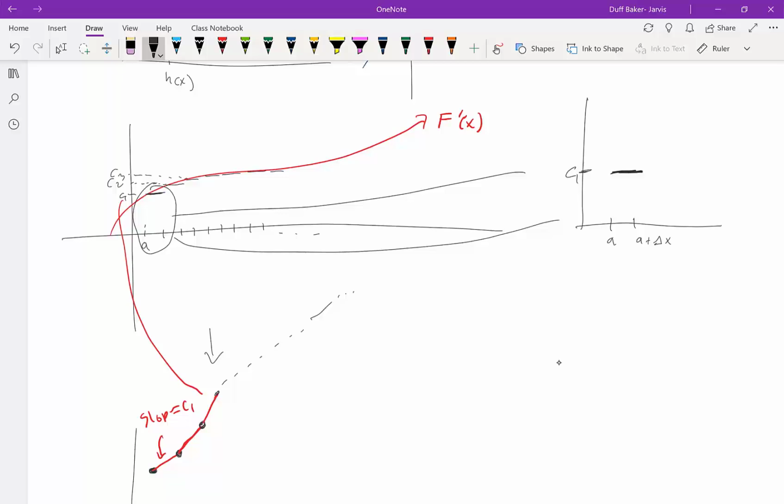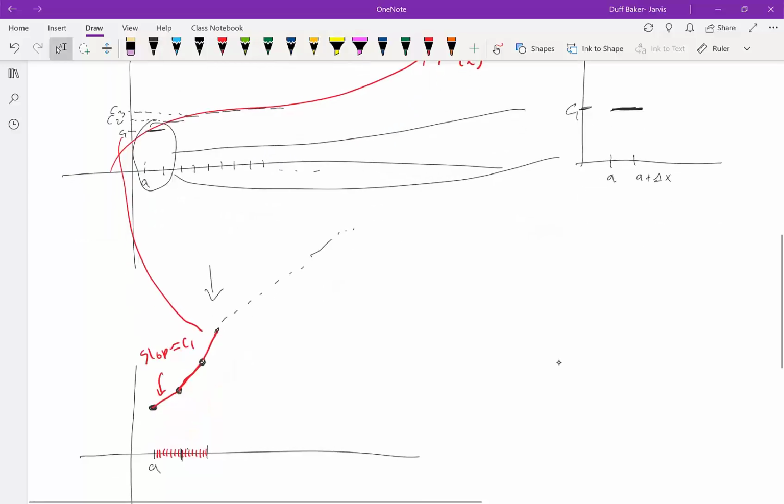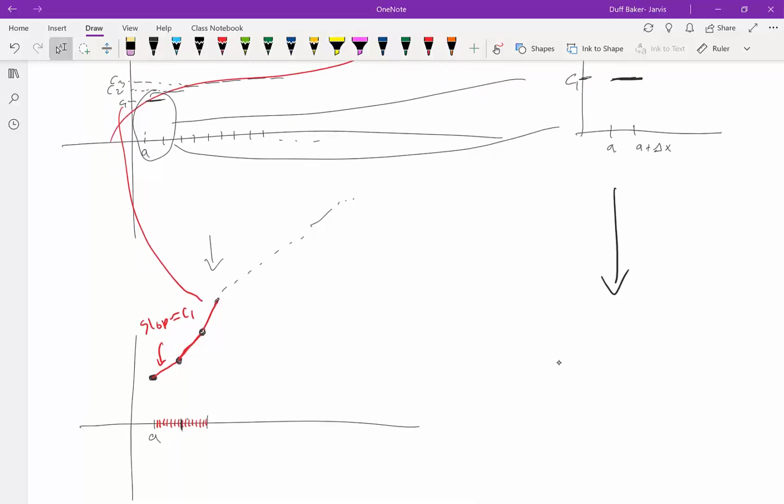So you have this little constant function, and if you now map it downwards to what we were doing before, it just corresponds to this first little red line, right? You have some starting point at A, then it goes up a bit, to A plus delta x.